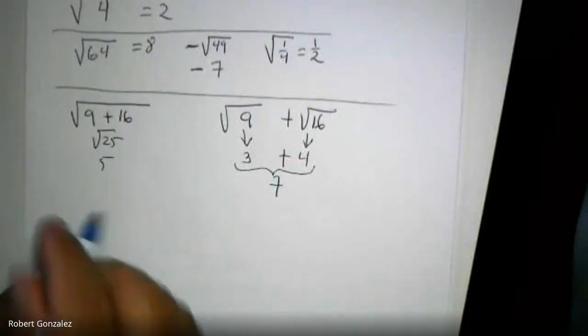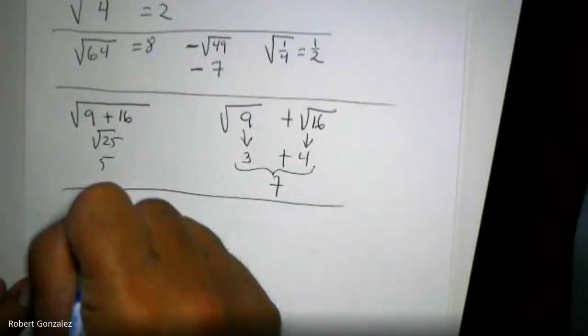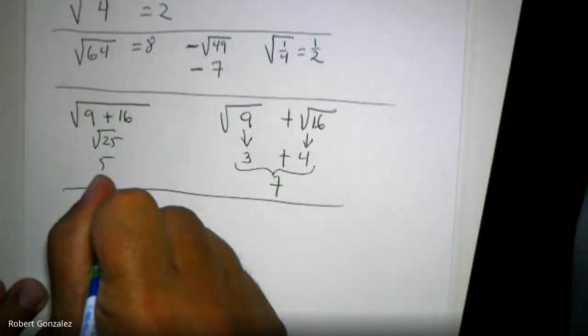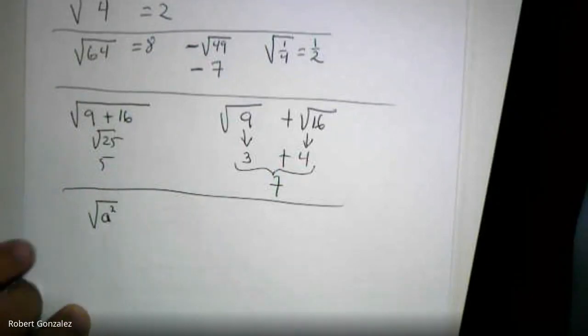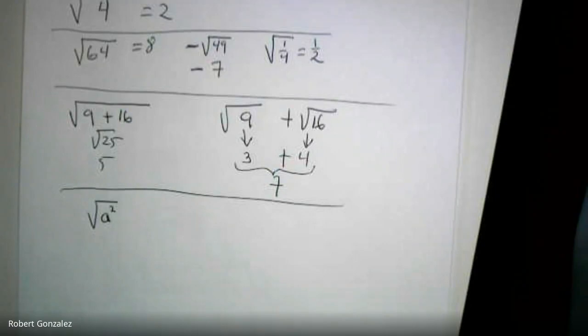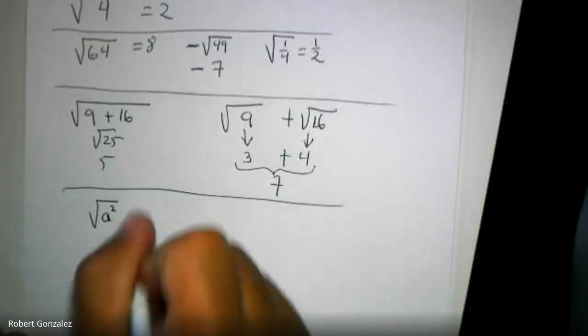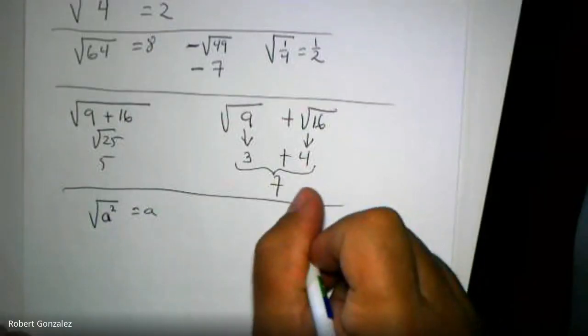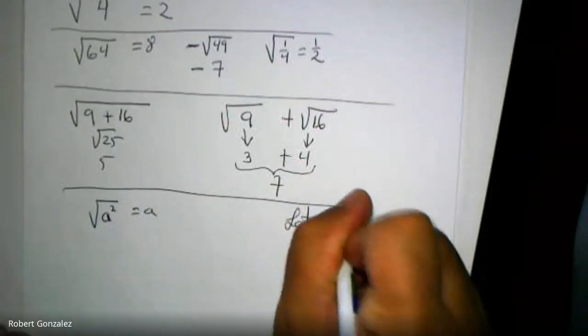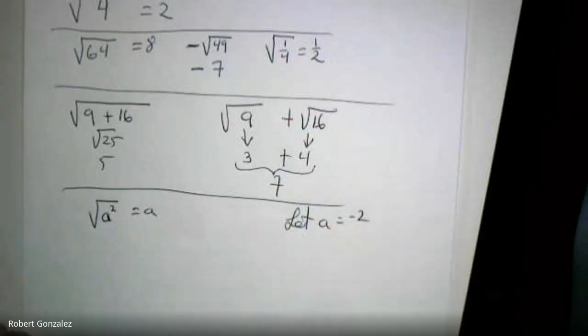Let's see what happens when we throw some variables in the mix. What do you think is the answer to this? Itself. Itself meaning A? You think it's equal to A, correct? Yes. Let's do this. Let's let A equal -2.